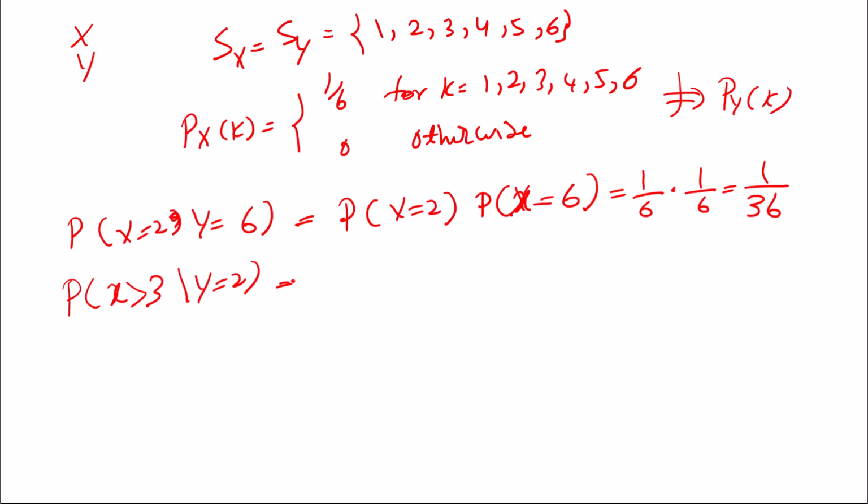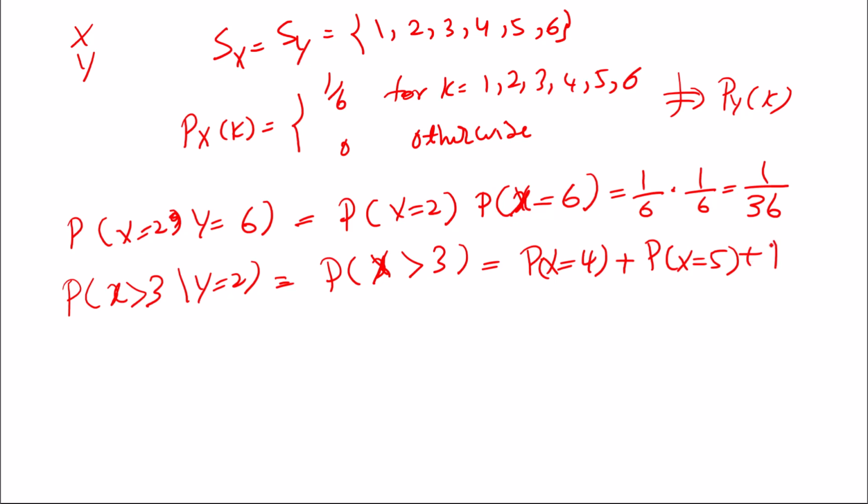In this case, because X and Y are independent, we can write the probability of X greater than 3 given Y is equal to 2 simply as the probability of X greater than 3, which is equal to the probability of X is equal to 4 plus the probability of X is equal to 5 plus the probability of X is equal to 6, right? So 1 by 6 plus 1 by 6 plus 1 by 6 is equal to 1 by 2.